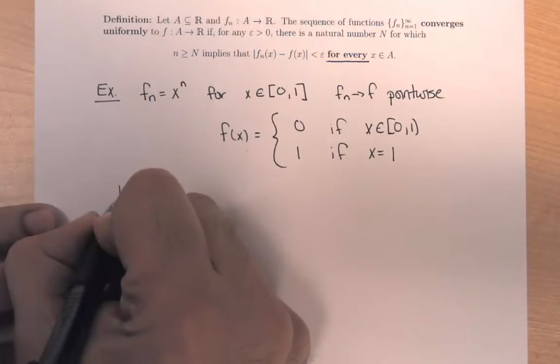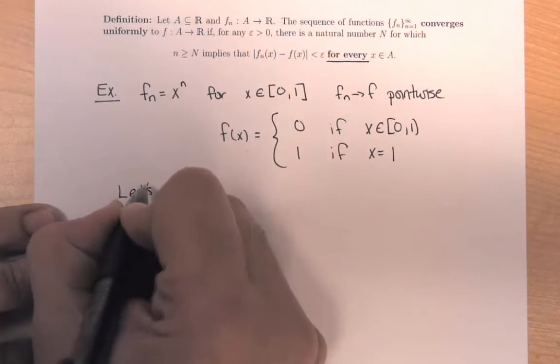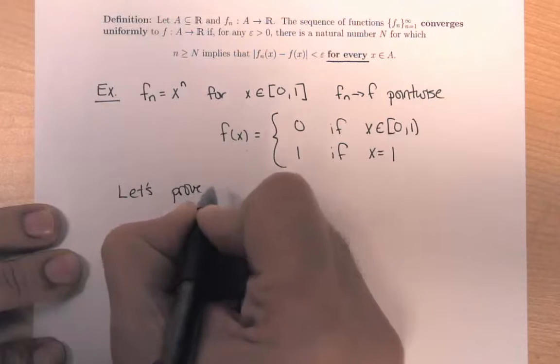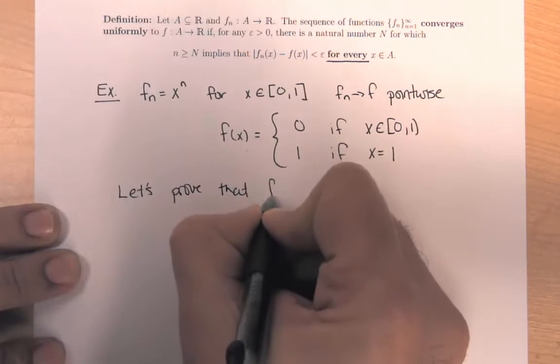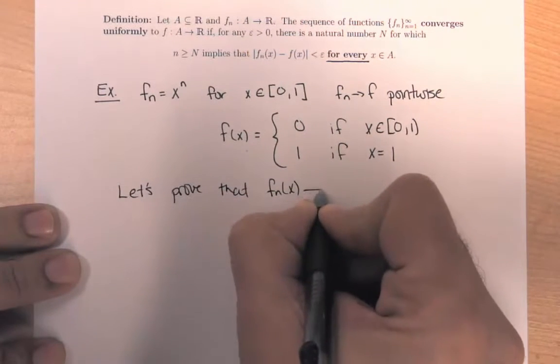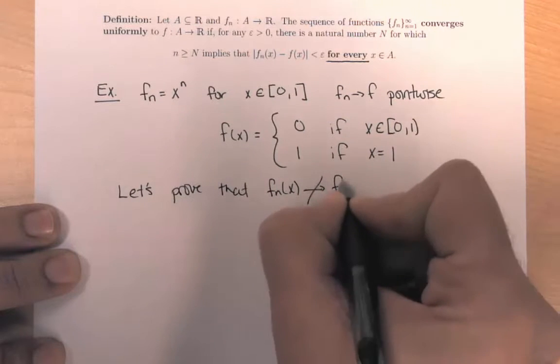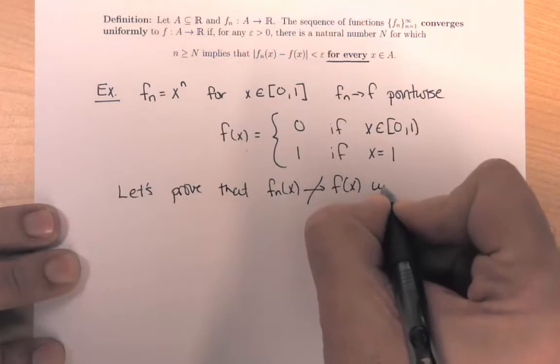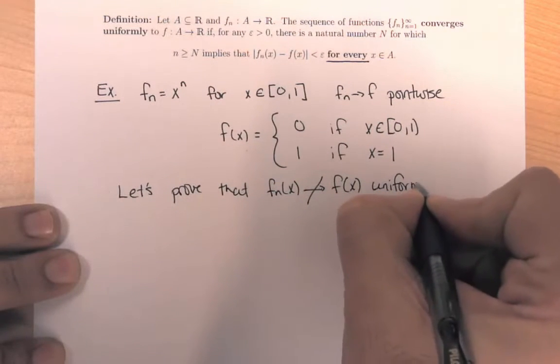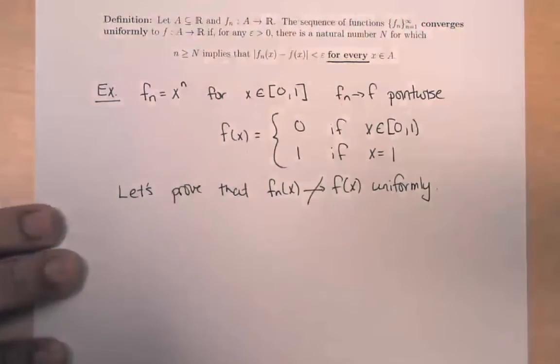So let's prove that f_n of x does not converge to f of x uniformly. In other words, let's prove that this definition is not true.